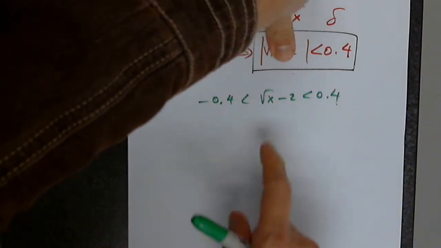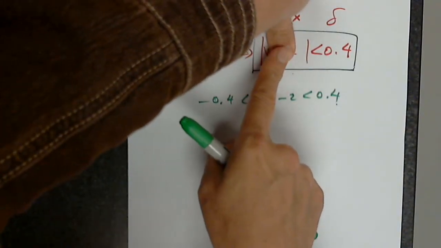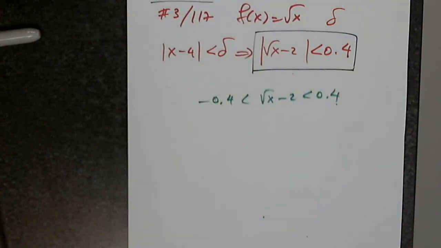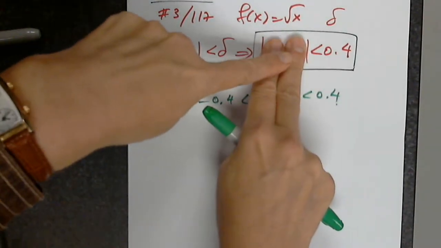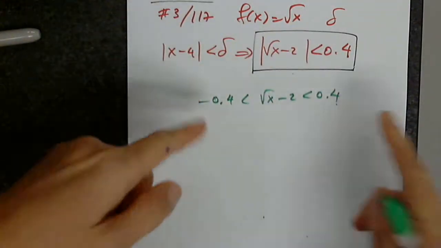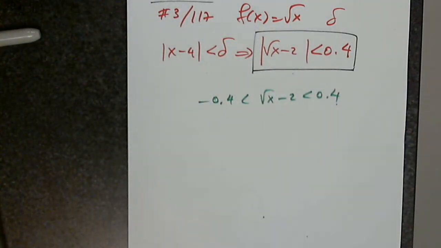The absolute value of this number being less than 0.4 means it must be between negative 0.4 and 0.4. So the distance between whatever I have here and 0 is less than 0.4, so the expression has to be between negative 0.4 and positive 0.4. Is that clear?